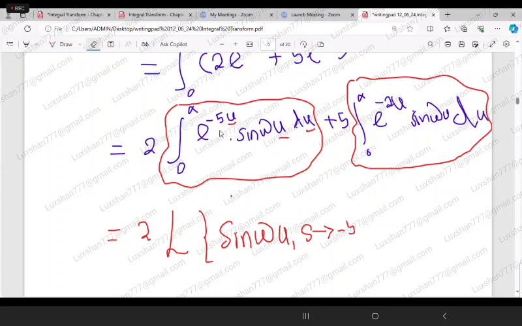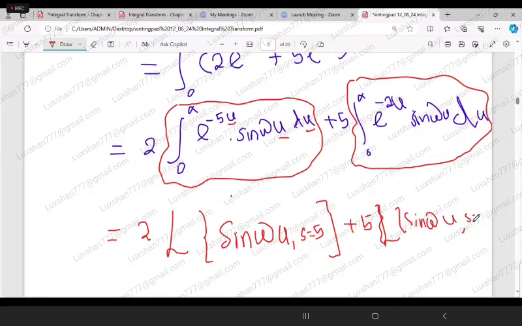Sorry, s is 5, because we have e to the power minus st, no? Therefore, we have s equal to 5. Similarly, this one is also the Laplace transform of sine omega u with s equal to 2. So you can use this result.